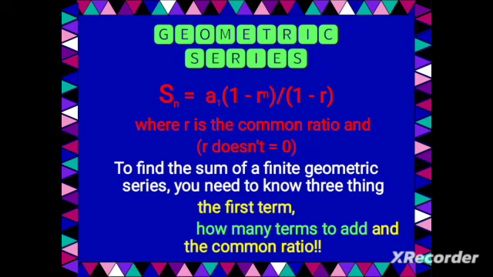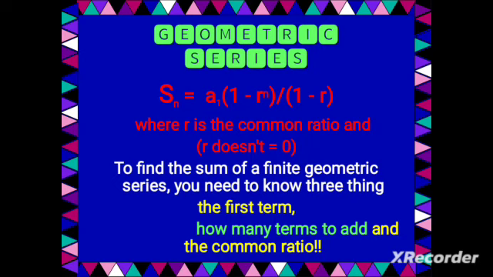When r is greater than 1, then the formula will be a into r raised to power n minus 1 into bracket over r minus 1. That one will help you to find the sum of the first n terms of a geometric series with common ratio, where the common ratio r is greater than 1.